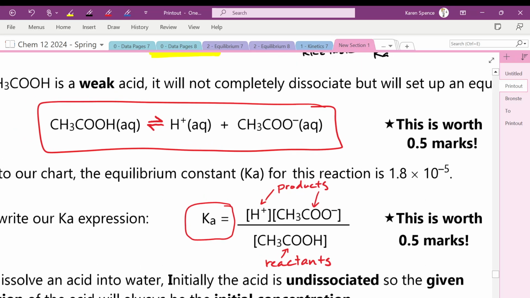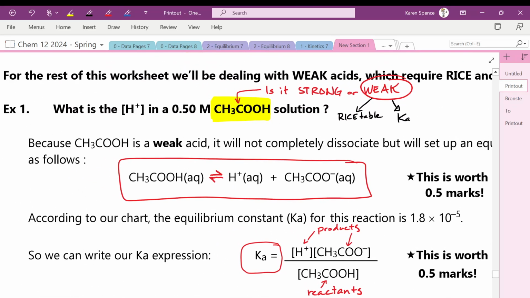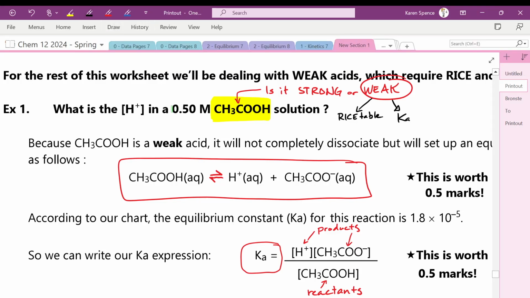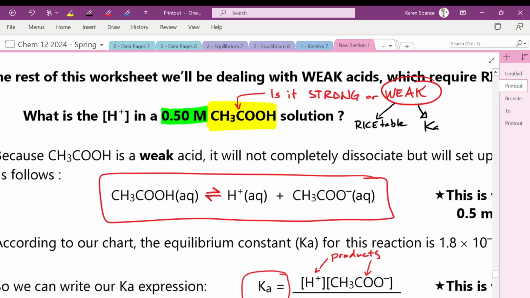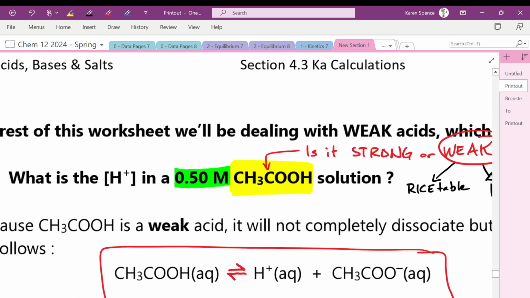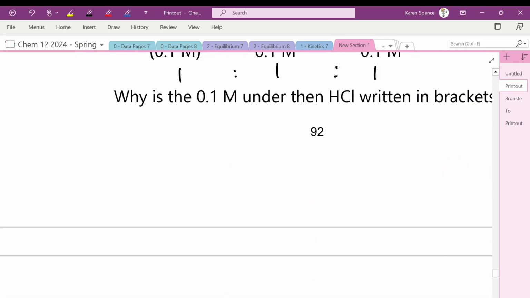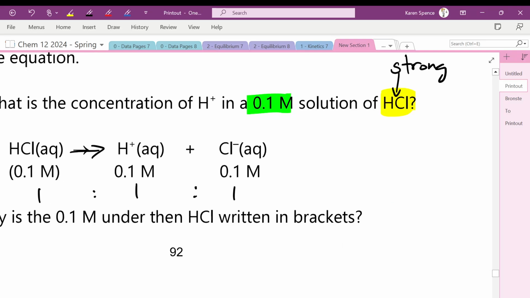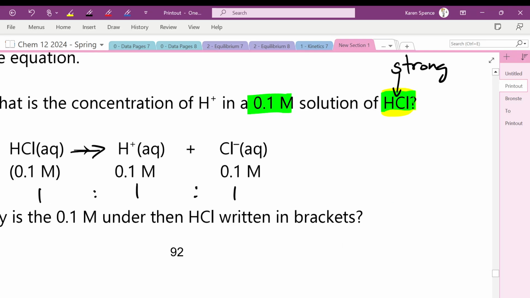Now, whenever you're given a quantity in a question, like this one, do you remember when we talked about our 0.1 molar HCl?